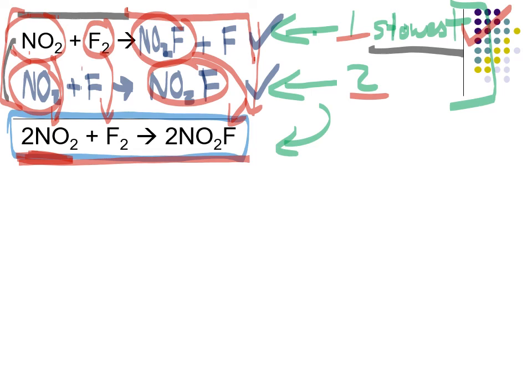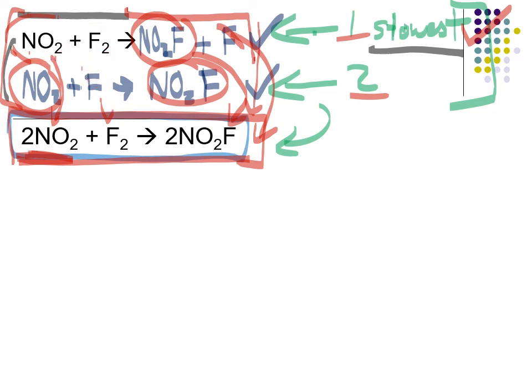Luckily, this fluorine radical that got produced in the first elementary step gets consumed in the second one, so it will cancel itself out, which is good because it doesn't show up in the overall balanced chemical equation. So this works out as a pretty good mechanism.